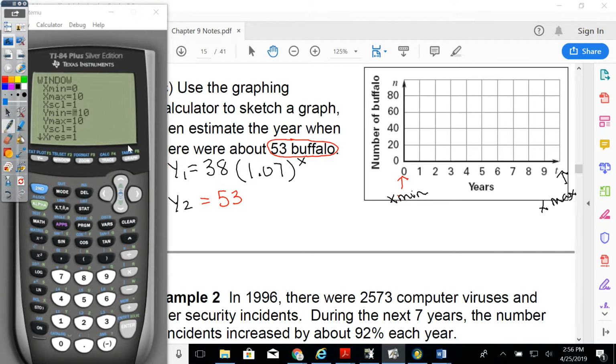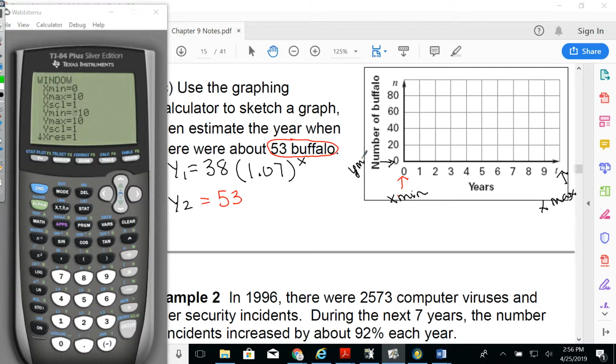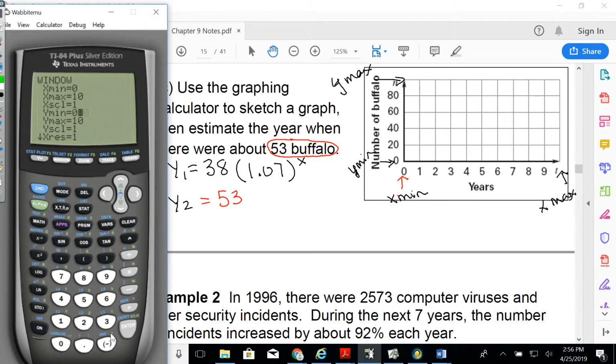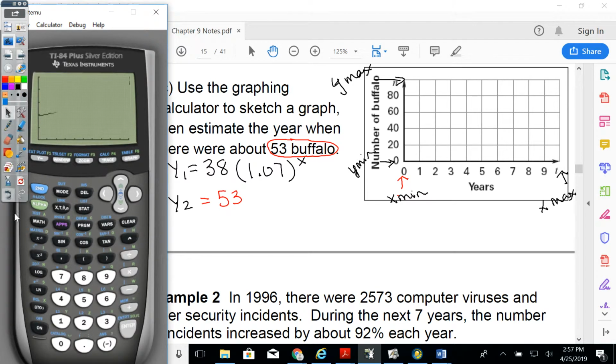And then the y min is here, and then the y max is up here. So then we go 0 to 100. If we go one above it, 100. And what is this one counting by? This one's counting by 20s. So the scale is 20s.